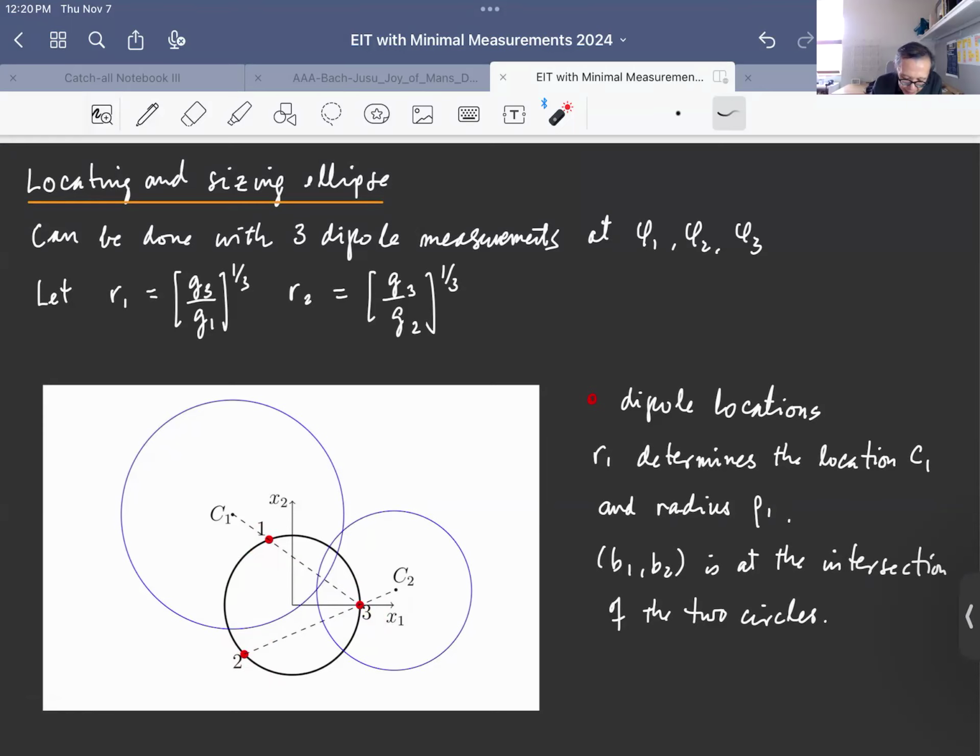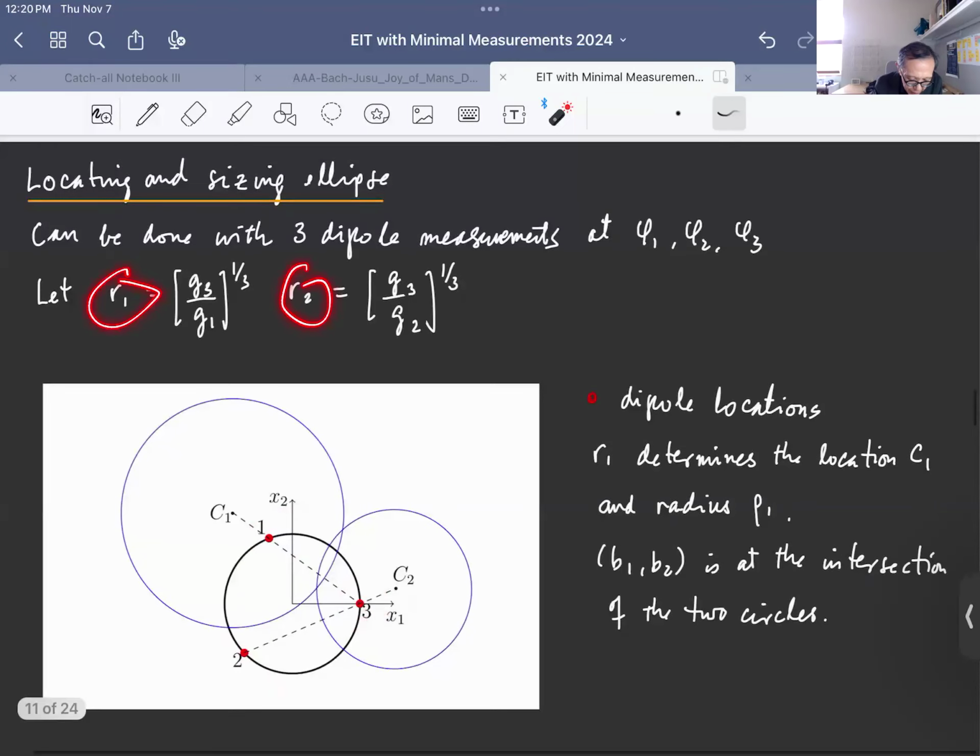Then the radii of these circles are determined by these numbers. The radius of the circle C1 is determined by R1. The radius of the circle C2 is determined by R2. If the data is consistent, the two circles would intersect. And where they intersect, which in this case is this point here, is the center of the ellipse.